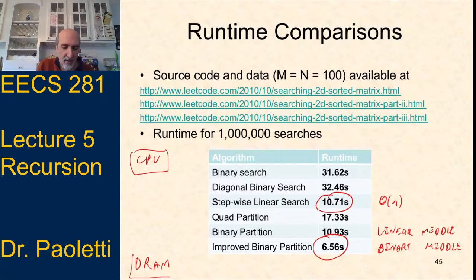The DRAM runs, let's say, 100 times slower. If I want to do an operation on something and it's not in the CPU, I have to go out to the DRAM, and the CPU might have to twiddle its thumbs while it could be doing 100 calculations, 100 additions, 100 if statements. Instead, it's just sitting there waiting for something to be loaded from the DRAM.